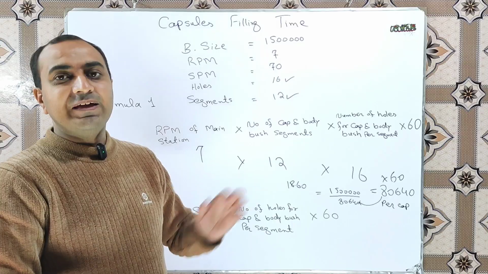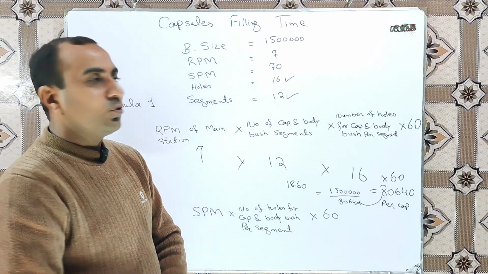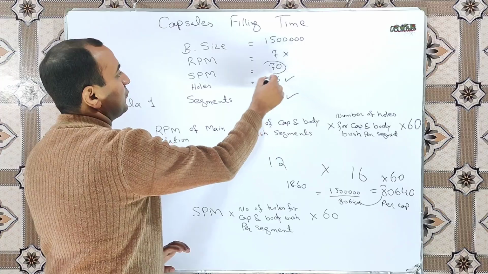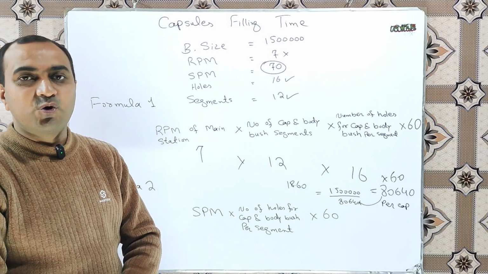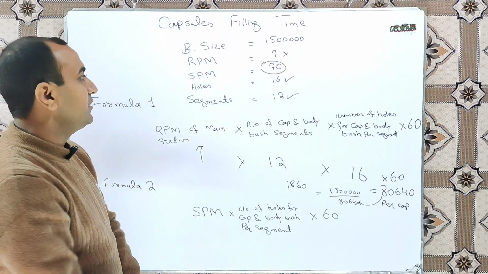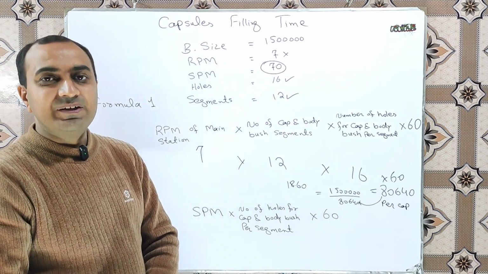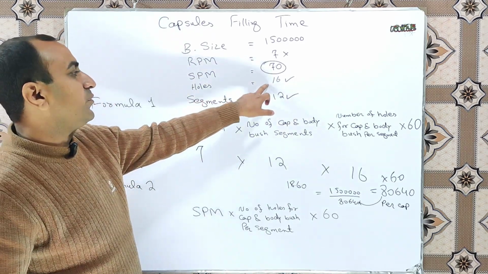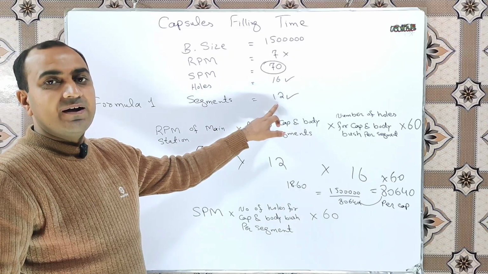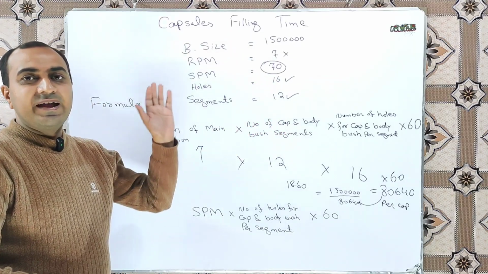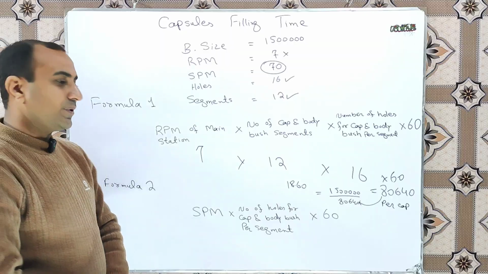Now for a second scenario, where we do not have the value for RPM but we have the value for SPM, meaning strokes per minute. Our machine is running at 70 SPM and the remaining specifications are the same, meaning holes are 16 and segments are 12. So how will we calculate the capacity and time required using these parameters?